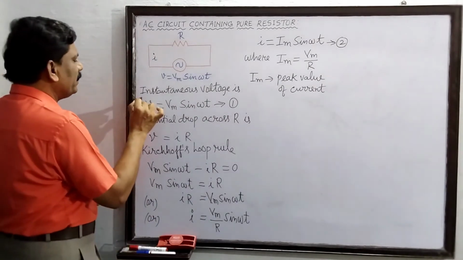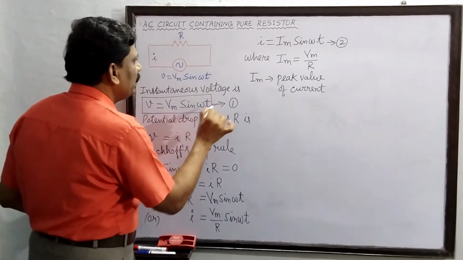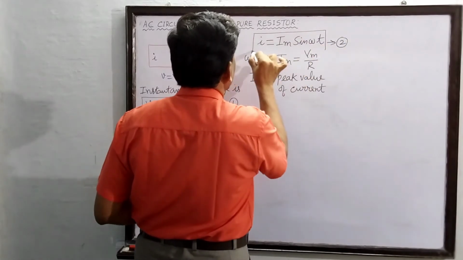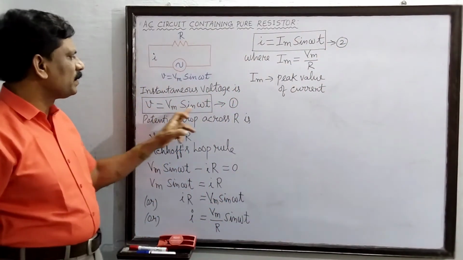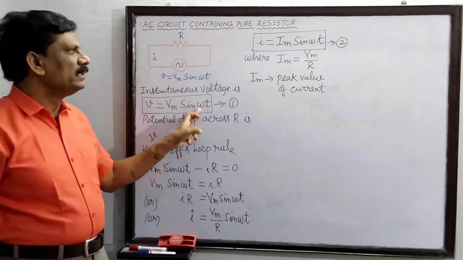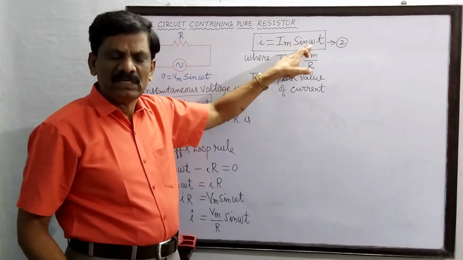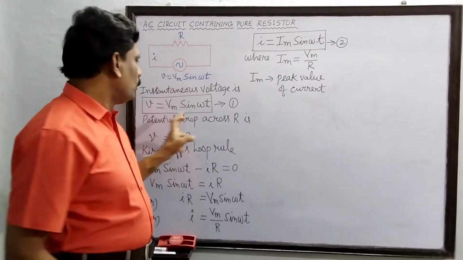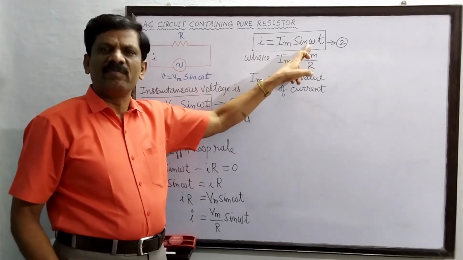Now I see from equations 1 and 2, in equation 1 the voltage is expressed as a sine function, and in equation 2 the current is also represented as a sine function. So the voltage as well as the current are both expressed as sine of omega t.